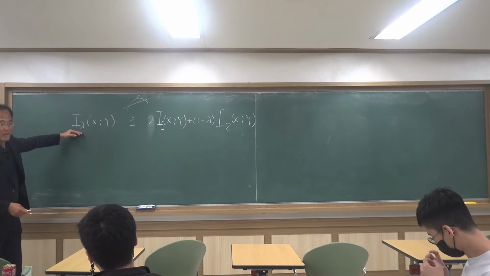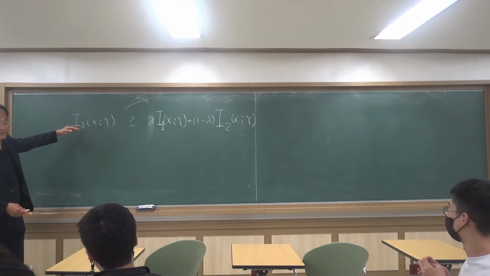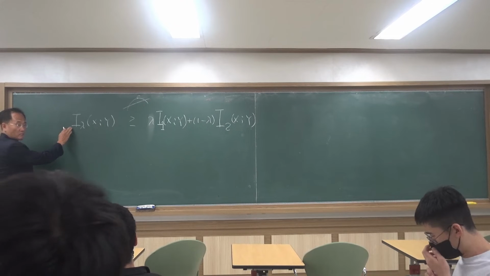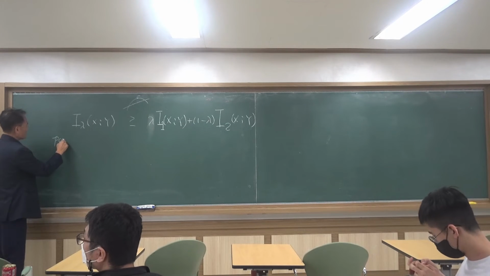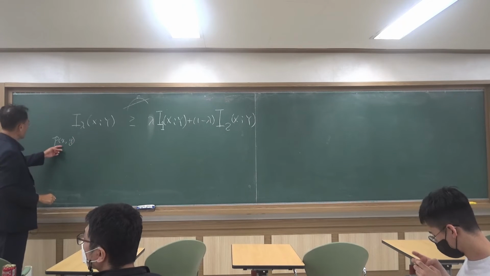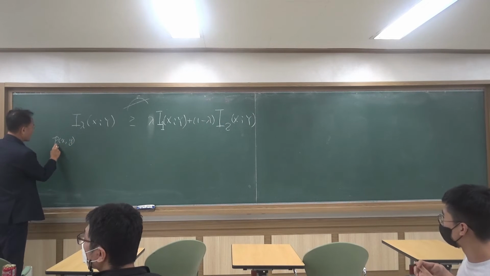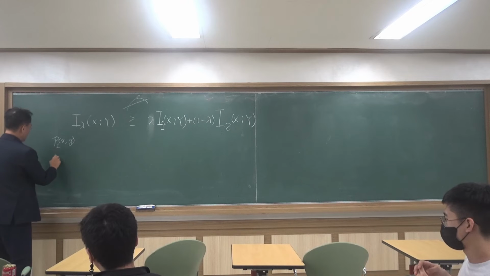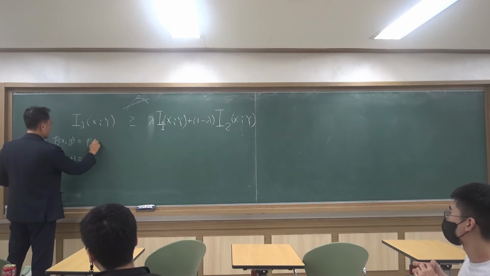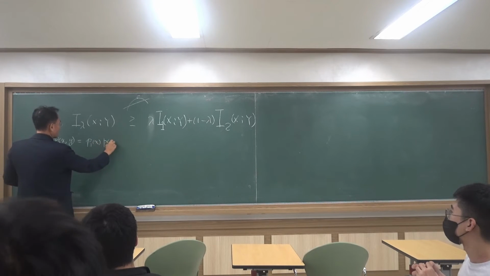Here I need two distributions, right? Joint and product. Joint and product, right? I need to calculate this using P1x, right? And P2x, right? P1x, Py given x.